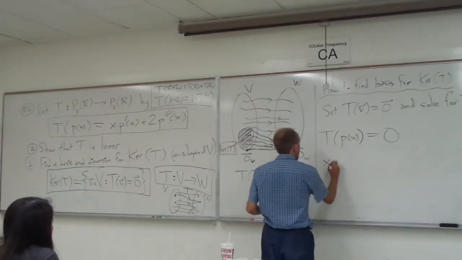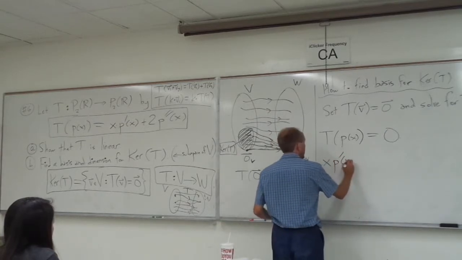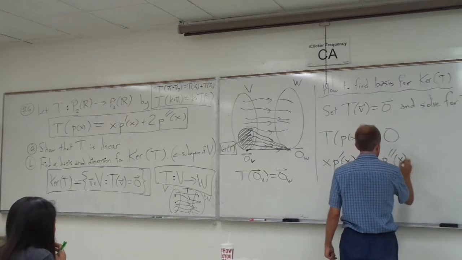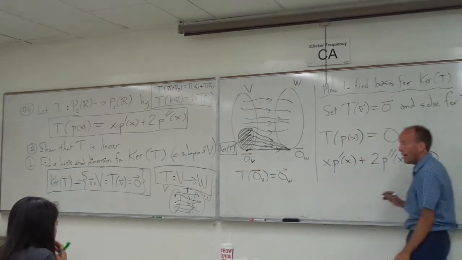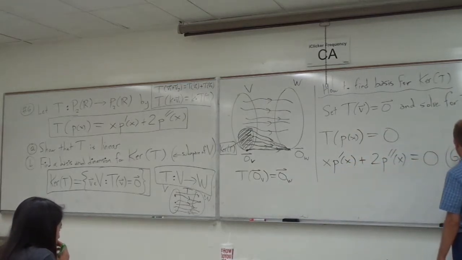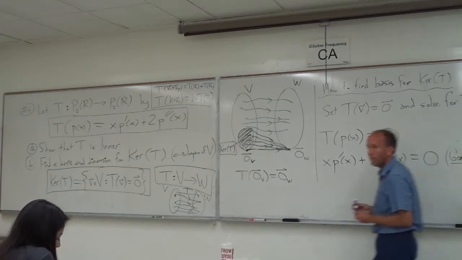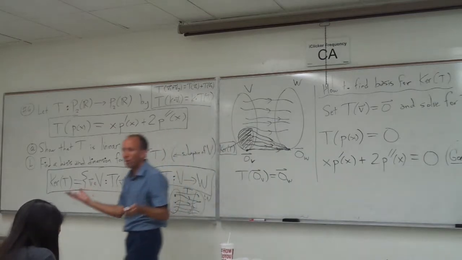I'm saying that x times p prime of x plus 2 times p double prime of x is equal to 0. And my goal is to solve for p of x, right? That's kind of how the process works.